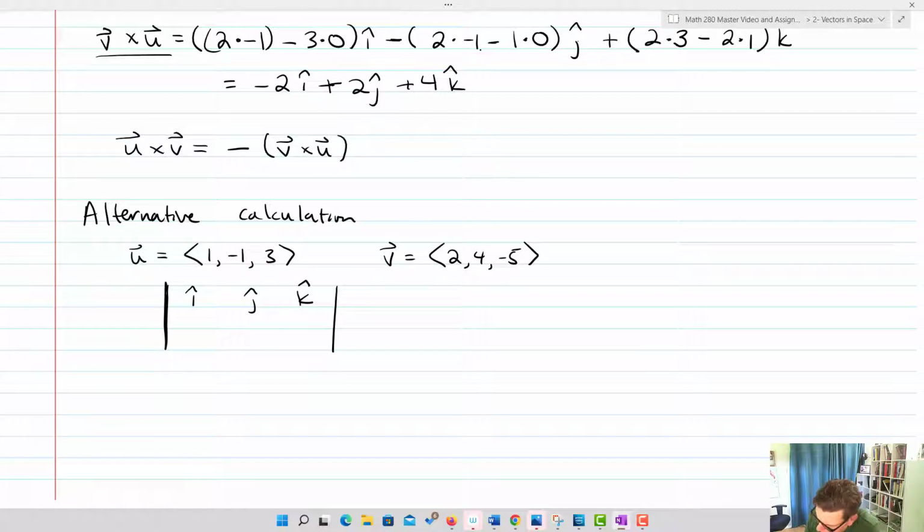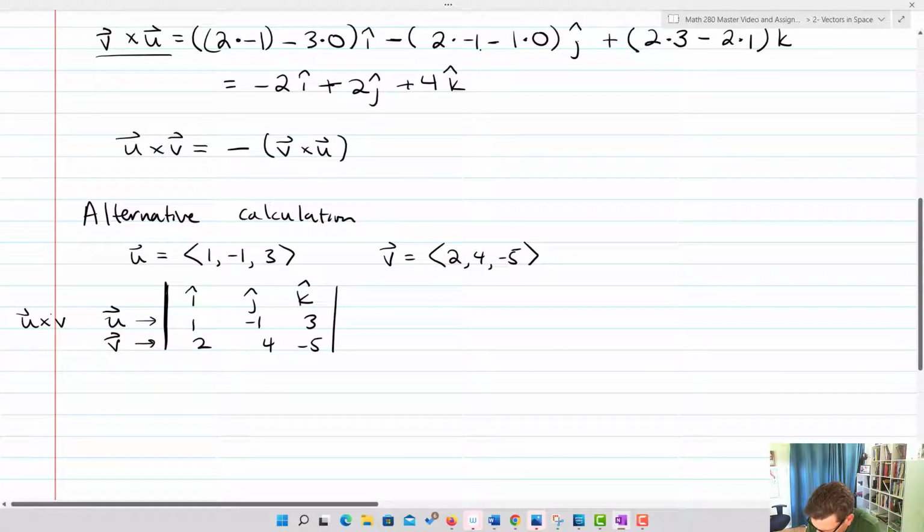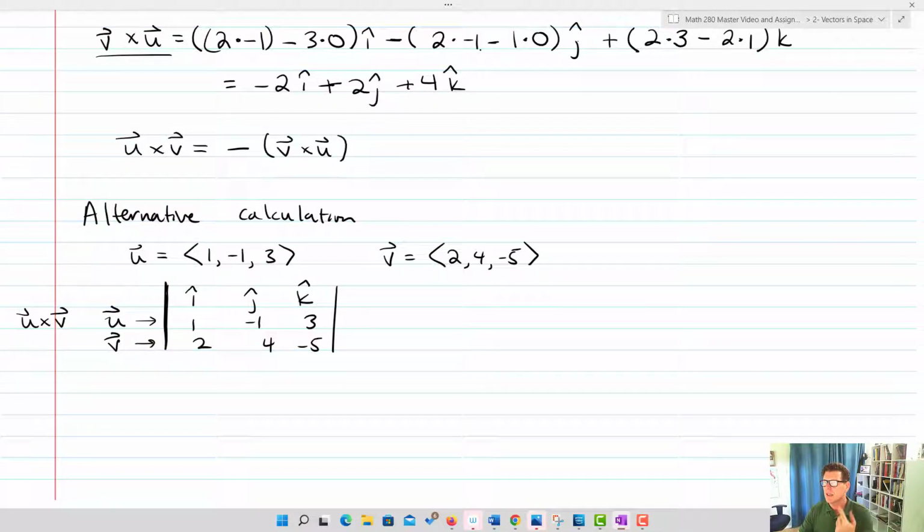And then I'm going to put u first, 1, negative 1, 3, and then 2, 4, negative 5. And then it's going to be v. So u goes in the first slot and v in the second, because we're trying to find u cross v. If it was v cross u, you're actually just going to switch the two, where v is the second line and u is the first.